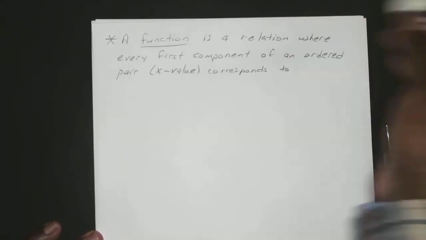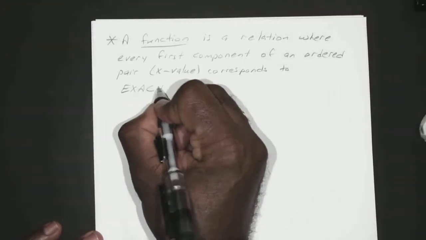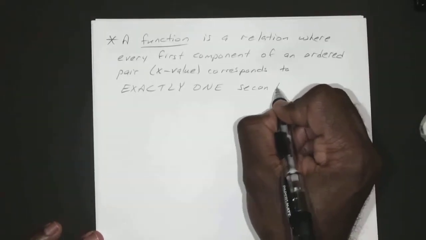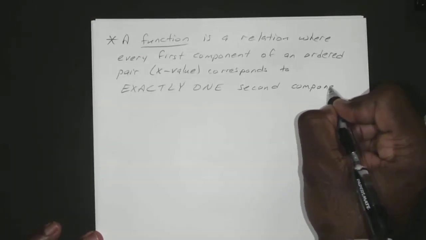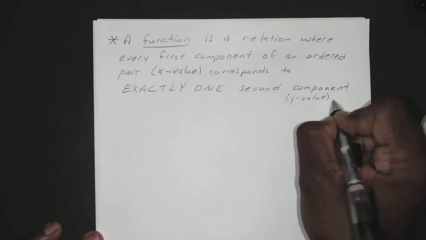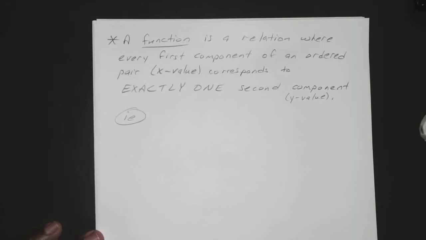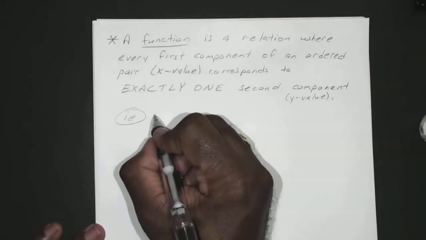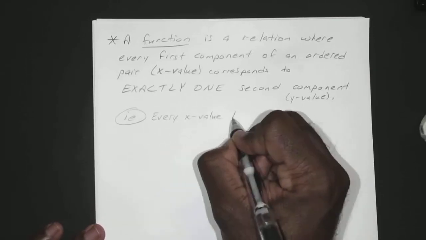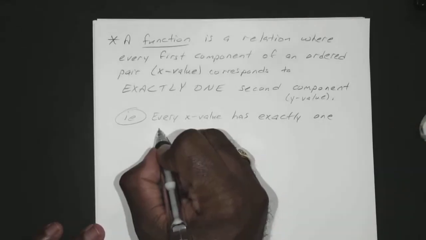Let me emphasize the exactly one. And that second component is just another way to say y value. So in other words, that just means every x has exactly one y value.